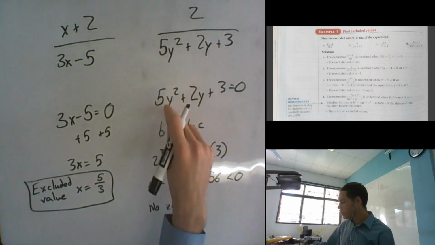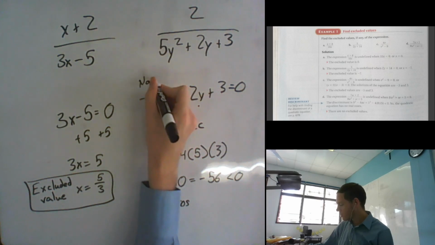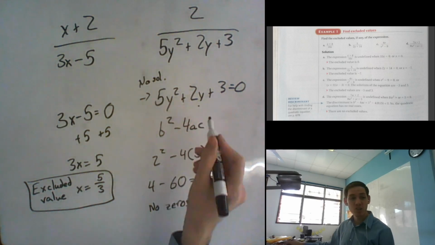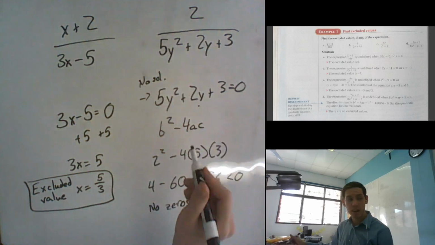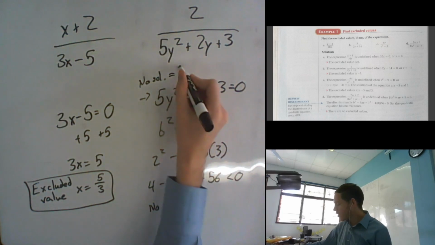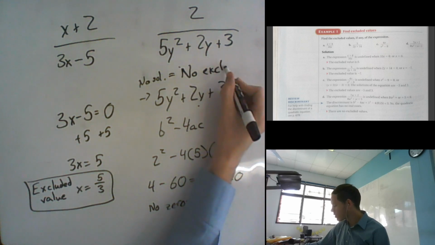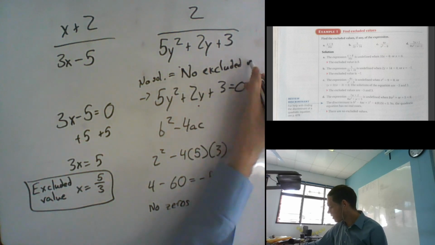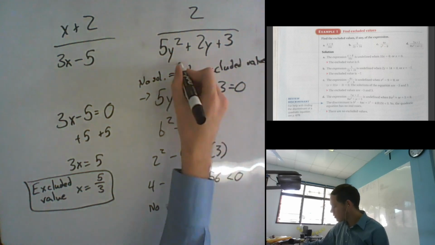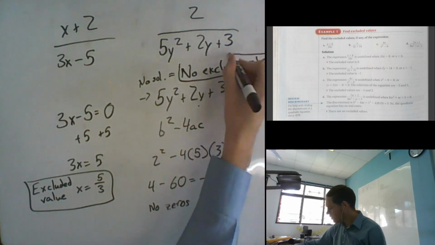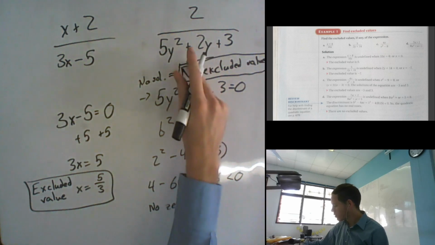Meaning, there's no solution to this equation right here. There's no solution. And if there's no solution to that equation, there are no excluded values. So no solution equals no excluded values. Okay?